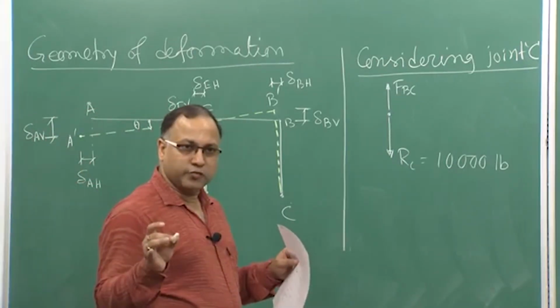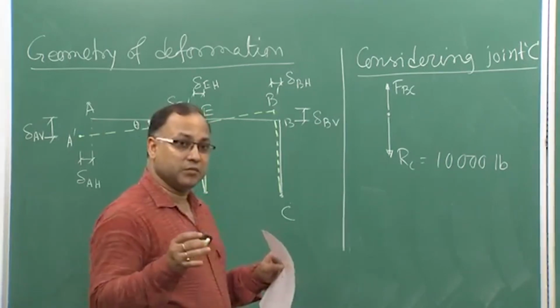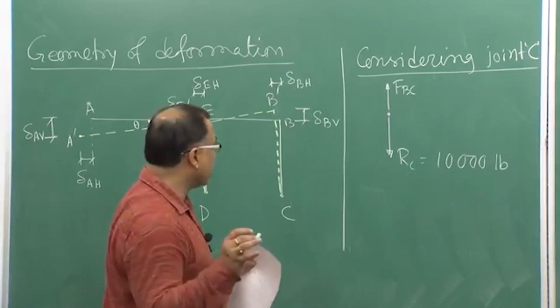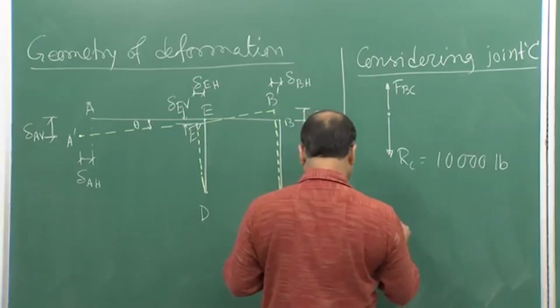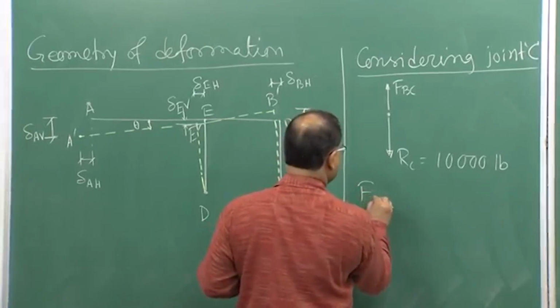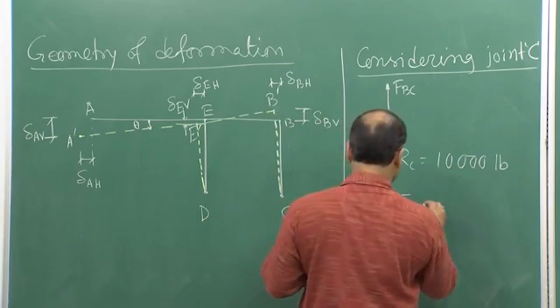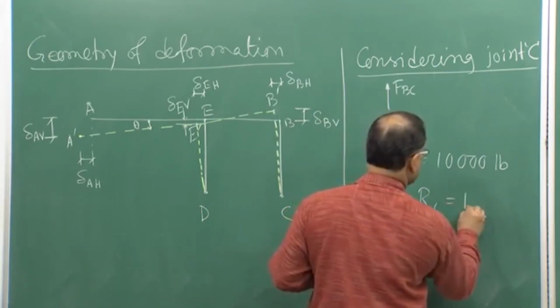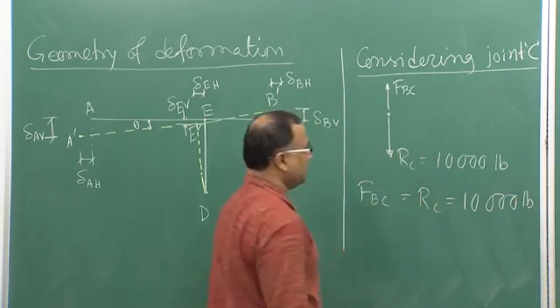I still do not know whether it is tension or compression; that will come from the calculation. Summation of Fy equal to 0 at joint C gives FBC equal to RC, equal to 10,000 pound.